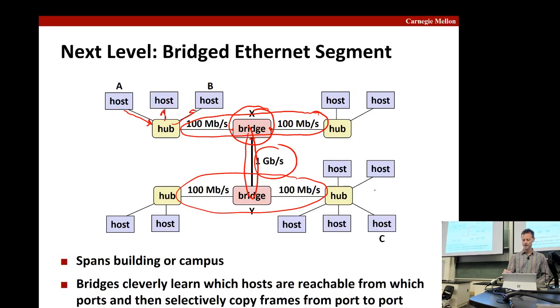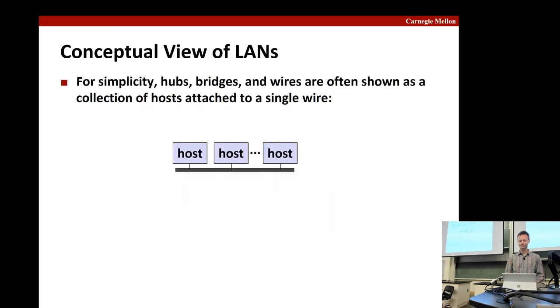So, for instance, if you're going to send from up here to down here, from A to C, this bridge would send that information along here, and then it would go this way, so it's more routed. But it would not send it along this path here, or this path here. Okay. So it's a little bit smarter than just broadcasting.